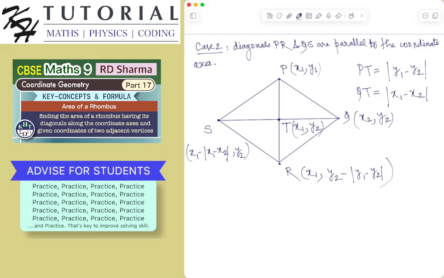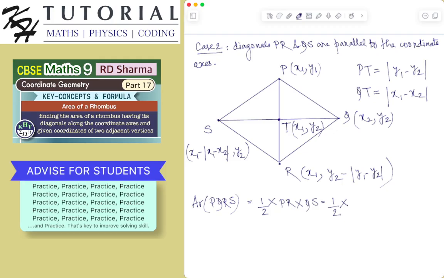Now, what will be the area of the rhombus PQRS? The formula is half the product of the lengths of the diagonals, which is half PR multiplied by QS.